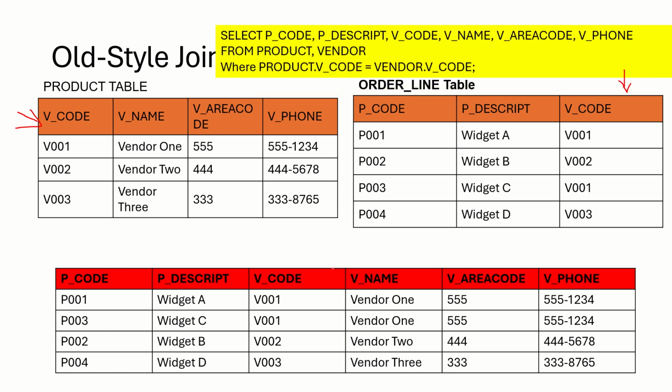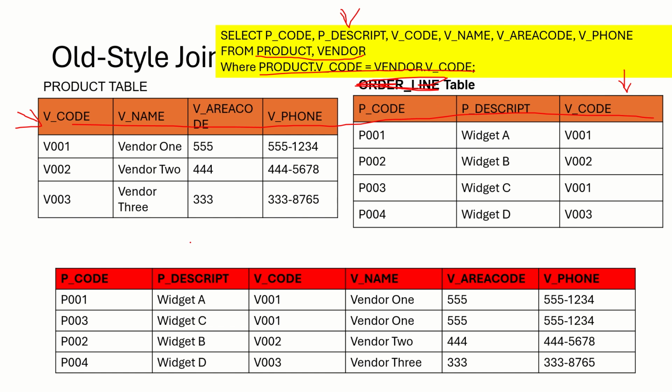In the old style, we just put all the columns right here and select the tables. I think this is wrong. We put the vendor table and product table, and in the WHERE clause you need to make sure this product table's V code is equal to the vendor's V code.